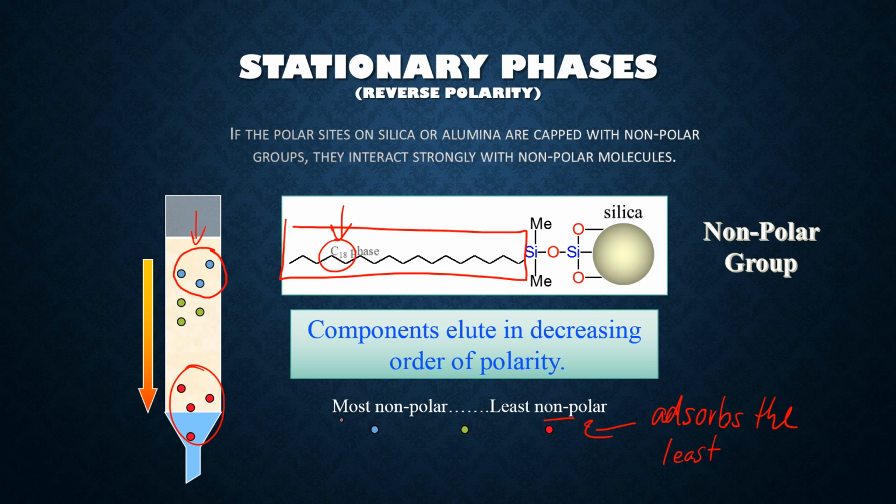So fats and anything with a long hydrocarbon chain will often be non-polar and therefore will interact with the non-polar carbon chain on a silica bead. That's why the blue component, which is the most non-polar or hydrophobic, adsorbs the most to our stationary phase. And the green is in the middle there.